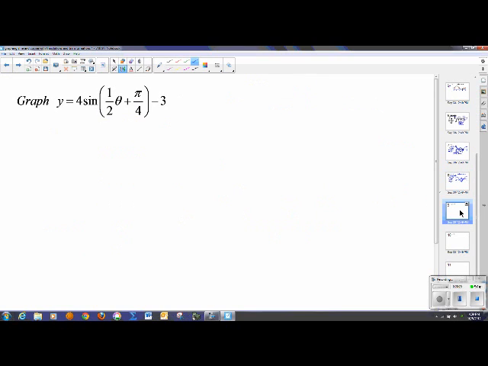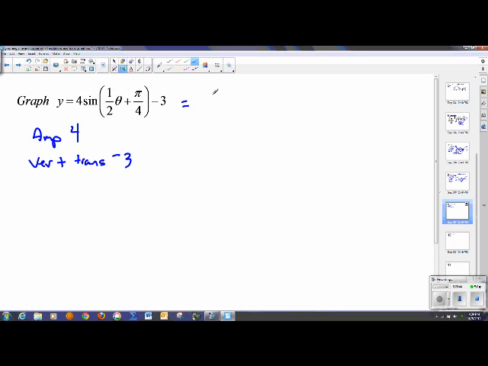All right. Can't get much harder than this. We've got everything happening right here. We have an amplitude of 4. We have a vertical translation of negative 3. Going to rewrite the function.